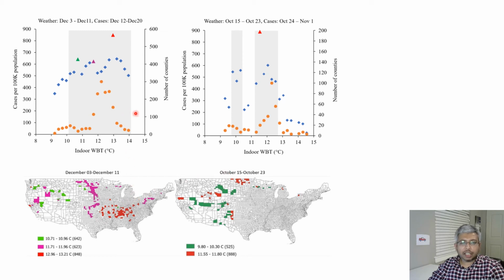The way I got indoor wet bulb temperature is that I considered that everyone stays at 21 degrees Celsius indoor temperature, and I calculated indoor humidity from outdoor humidity, and then I calculated the indoor wet bulb temperature. But from this analysis, it sounds like perhaps in this time one virus was dominant, and perhaps in this time another mutant virus was dominant in these areas and in this time frame.